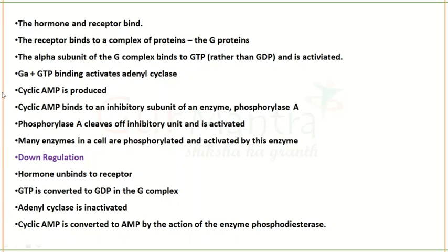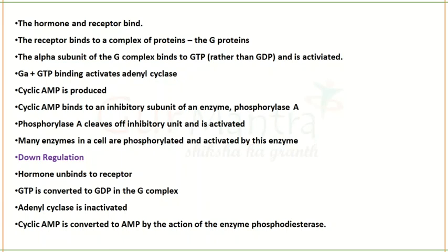Cyclic AMP will go and activate the protein kinase A by cleaving it off from the regulatory subunit. Only the catalytic subunit will be there, which is activated PKA or protein kinase A. This activated protein kinase A can then phosphorylate several enzymes and do its function. So this is the summary of the pathway which we have studied.